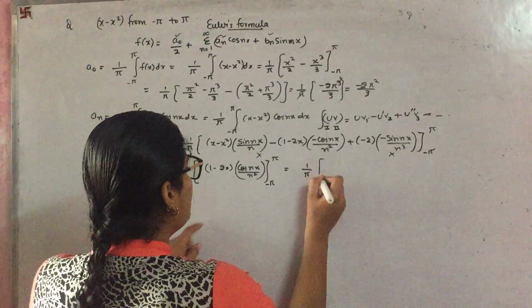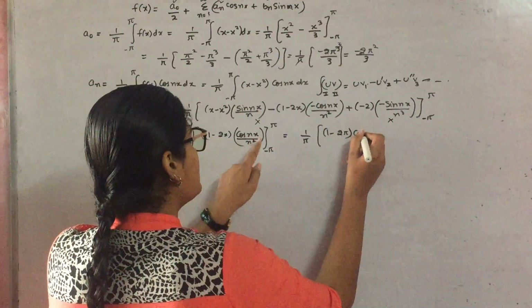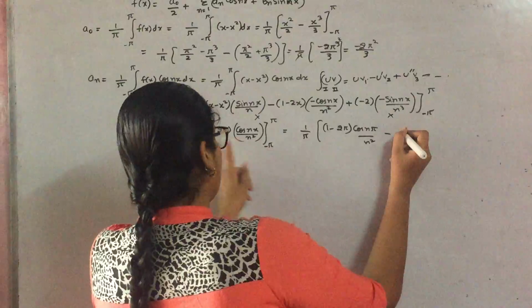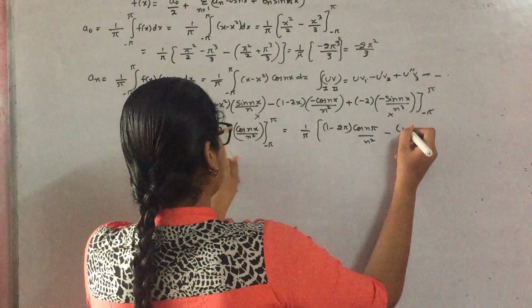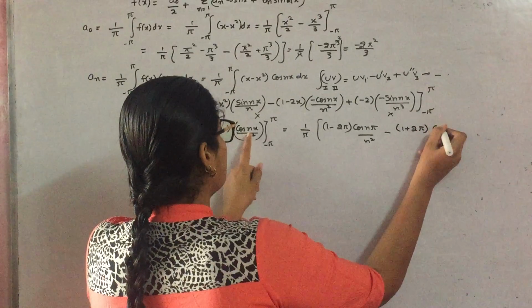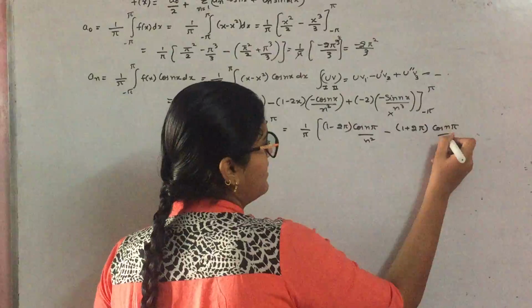So if you put pi once, 1 minus 2 pi cos n pi by n square, minus lower limit 1 minus minus plus 2 pi cos minus theta is also plus theta, so n pi by n square.